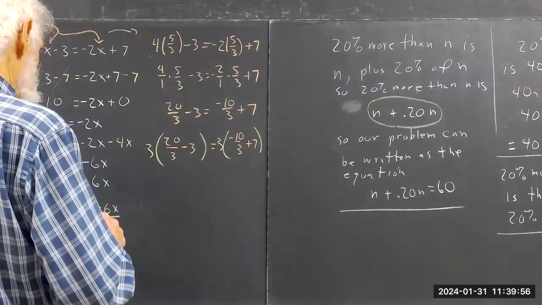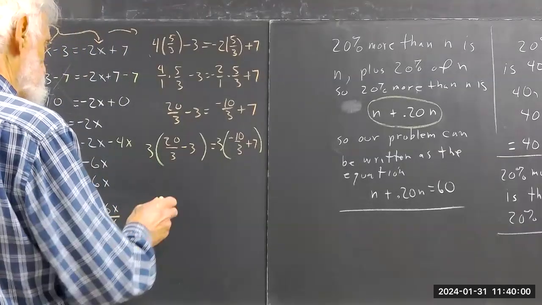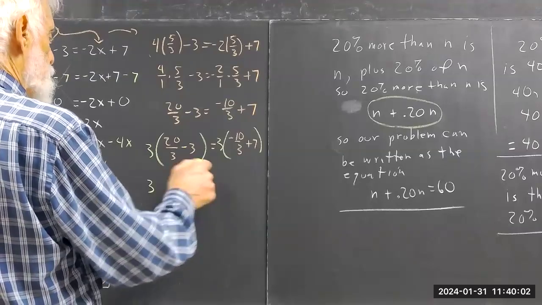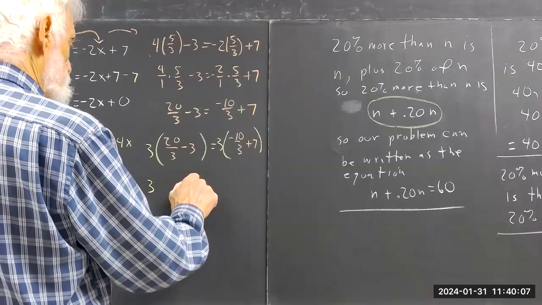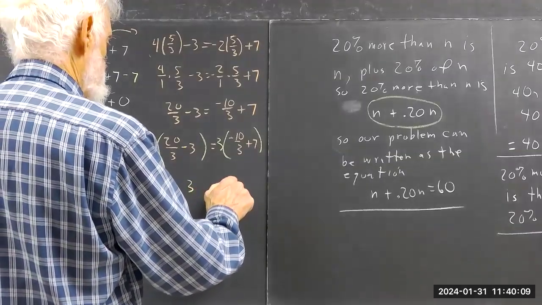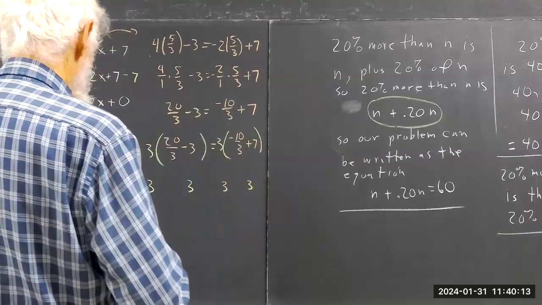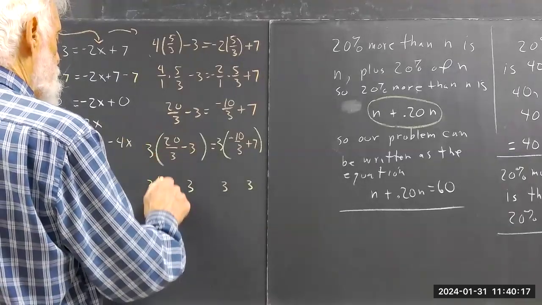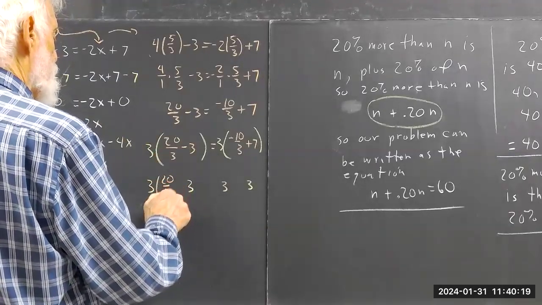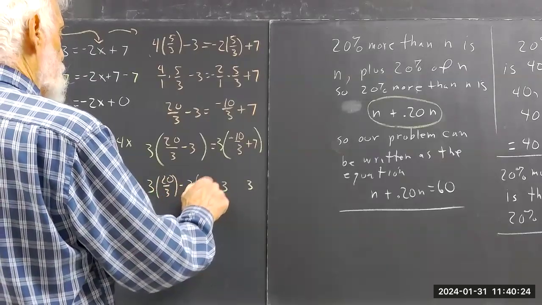So what we get is 3 multiplied by 20/3 minus 3 multiplied by 3.